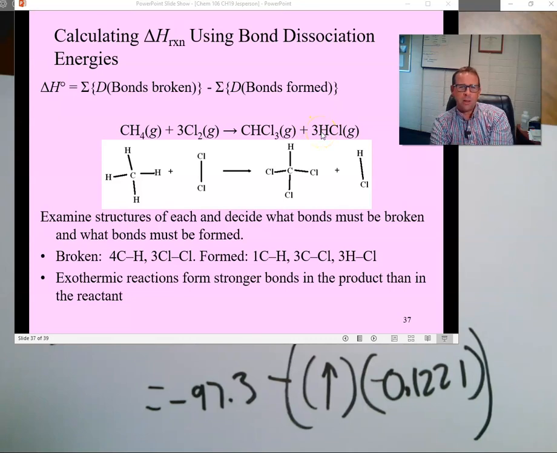Here, we can, again, look at energy that is being released. That means bonds that are being formed, and that's going to be here on the product side. And we can compare that to energy that's going into the breaking process, bonds that are being broken, right?